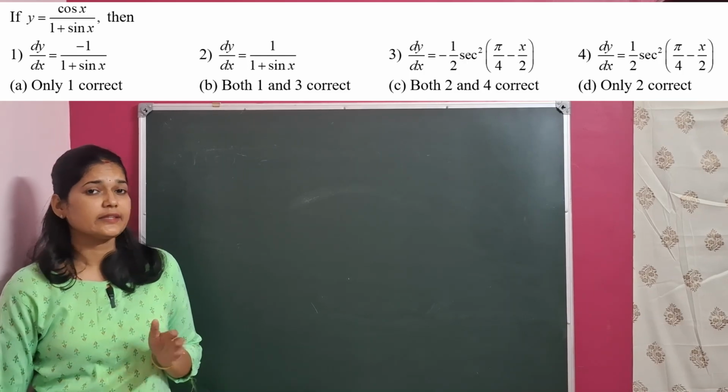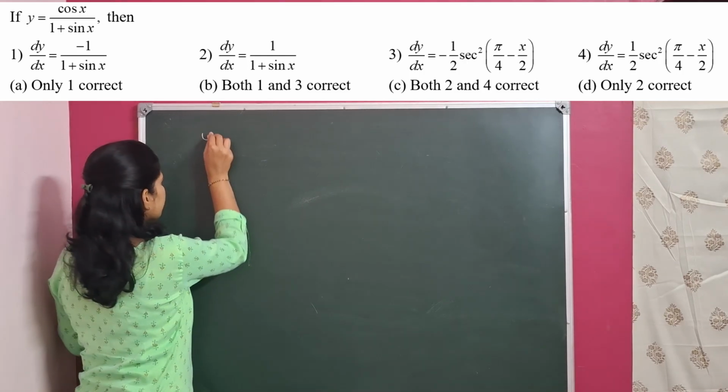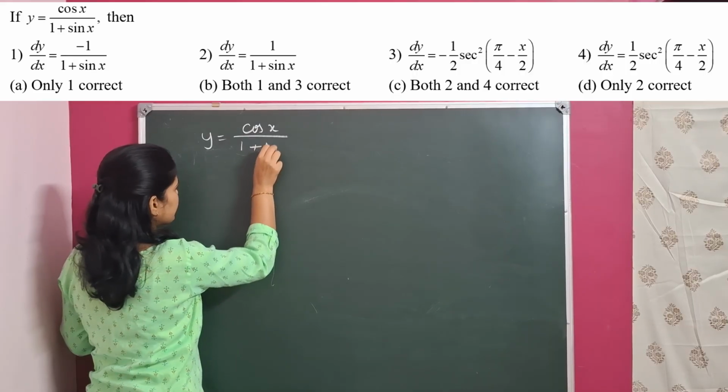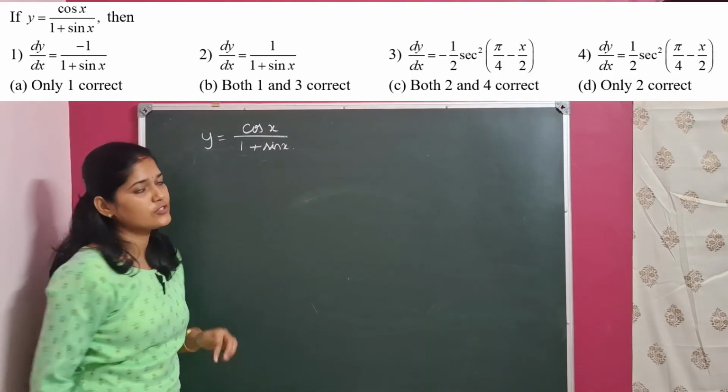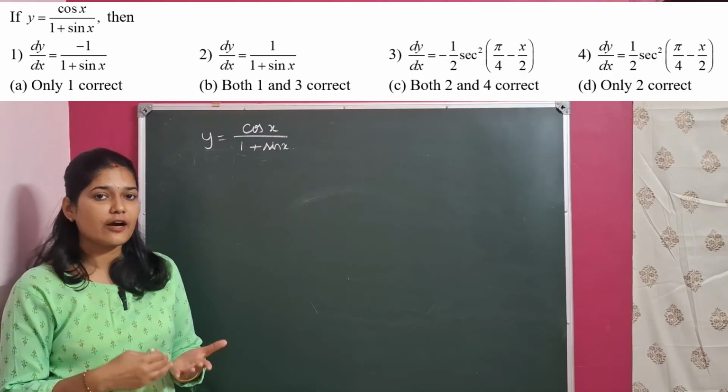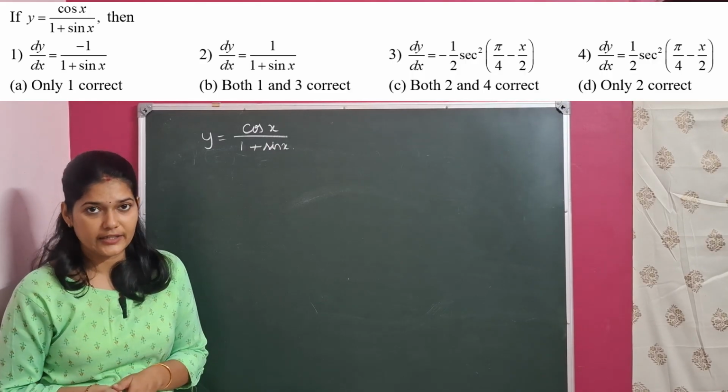In this problem, they have given y is equal to cos x divided by 1 plus sin x. And also they have given 4 statements or the 4 options, among which we have to choose which all are correct.